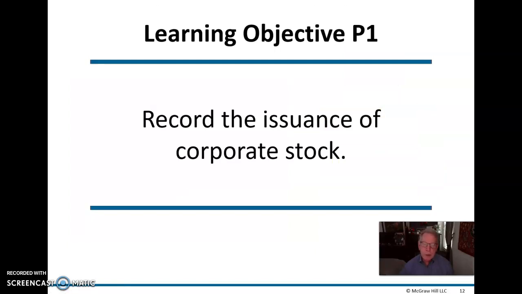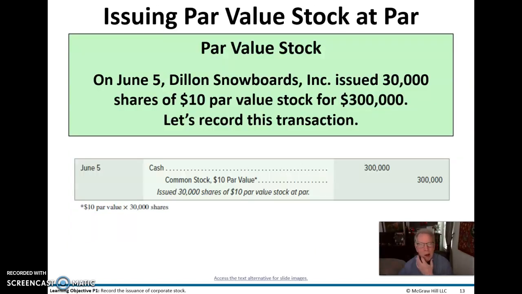We'll record the issuance of corporate stock here. How do we do that? Here's old Dillon Snowboards, and they issue 30,000 shares at $10 par value for $300,000. So in this case, they got exactly $300,000, so they didn't have any paid in capital in excess of par. All we do is debit cash and credit common stock, $10 par value, multiplied out to the $300,000 we received.